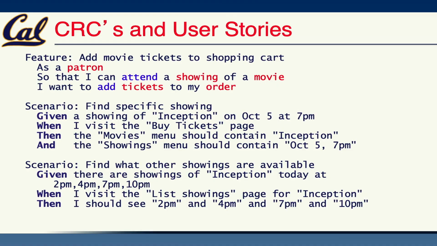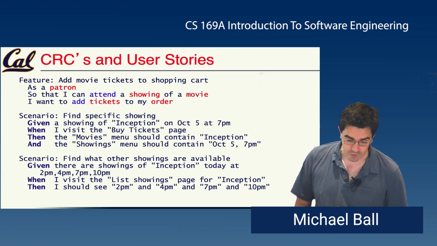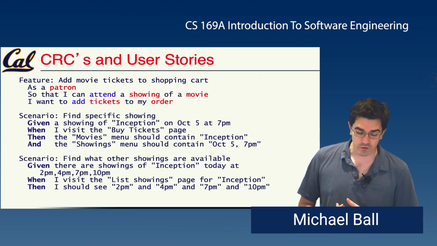And then we have a couple particular actions, so that I can attend a showing. Whether or not attend is the method in your app, that could be what you call it. This could be your scenario's translation of something more complicated, but that is one action, right? We could redeem a ticket, or we will need to redeem a ticket in the future. And I want to add tickets to my order.